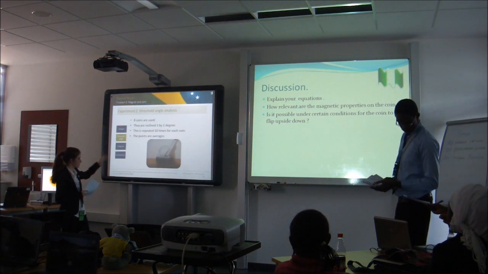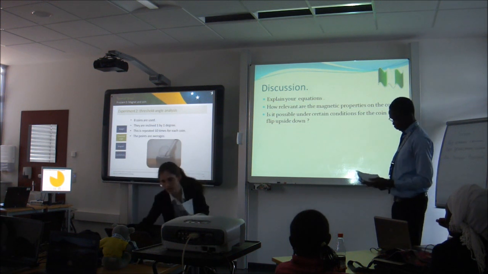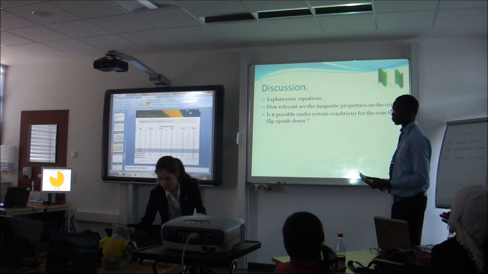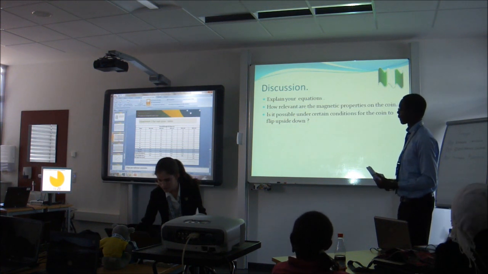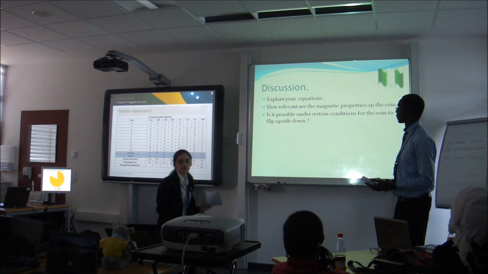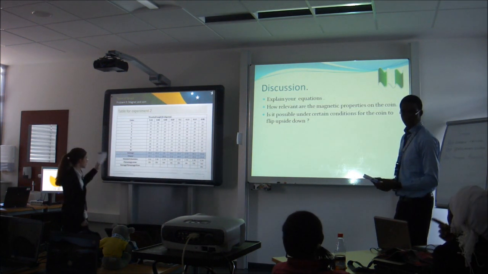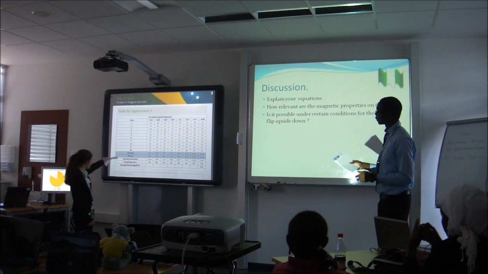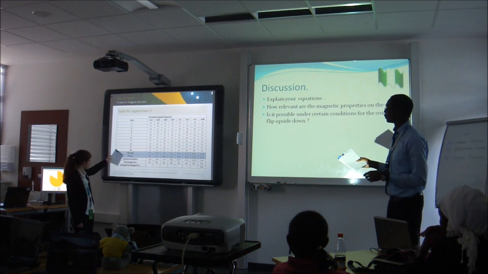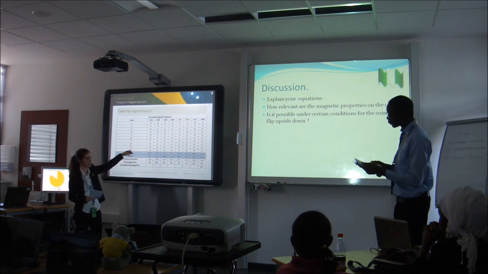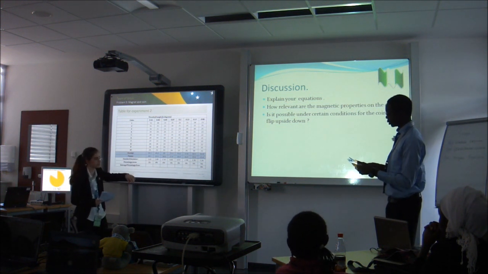We made 10 trials for each point, and I actually have the experimental table if you want to see all the variations. You see the average of this data, and we have the percentage error in relation to our theoretical model. These are the angles for each of the coins.